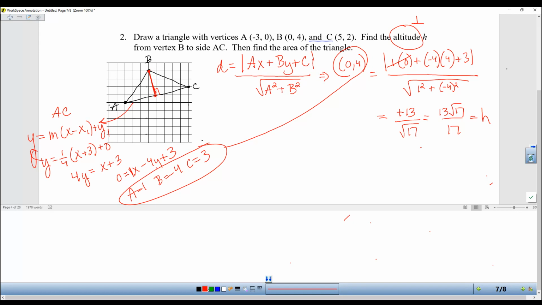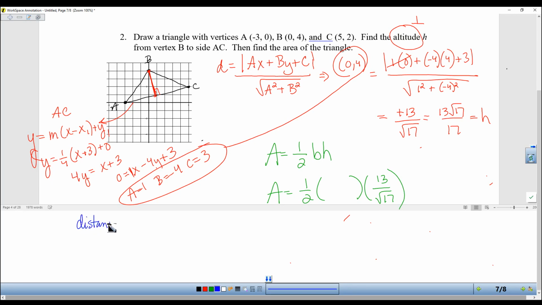So now, part 2 of this question is find the area of the triangle. Area is 1/2 base times height. So area is going to be 1/2 the base times, and you can just leave it like this if you want to when you're still doing more math. So what is the base? Another formula. To find the distance between A and C, you're going to use the distance formula.